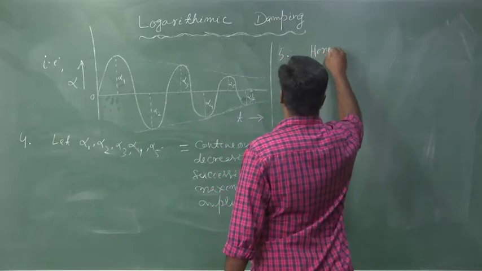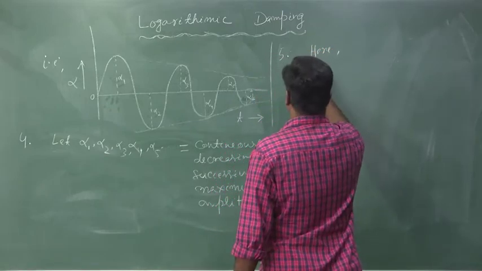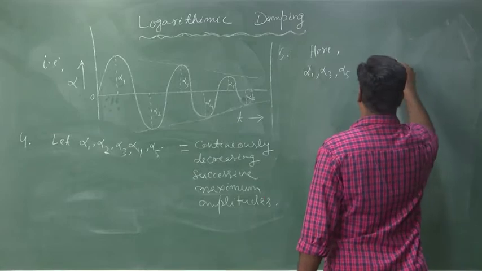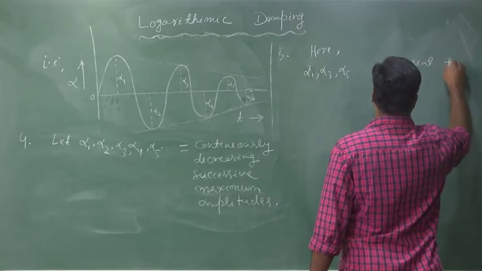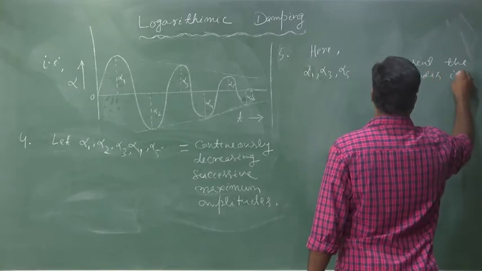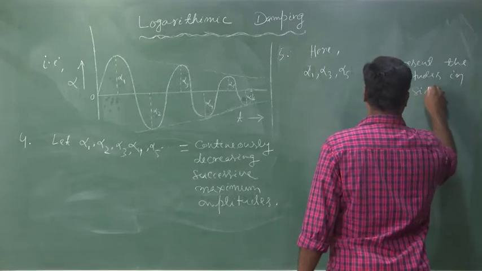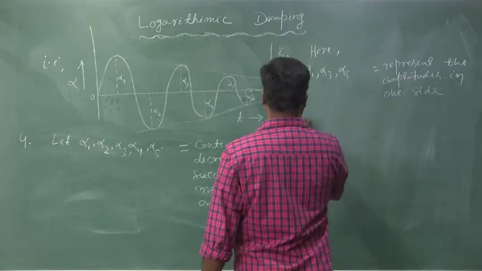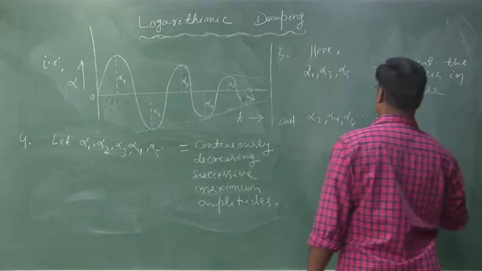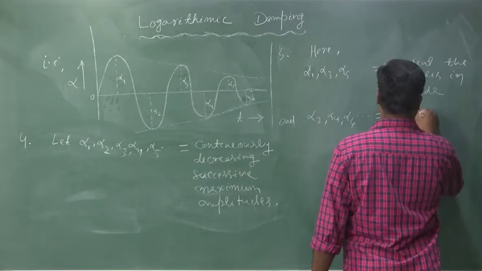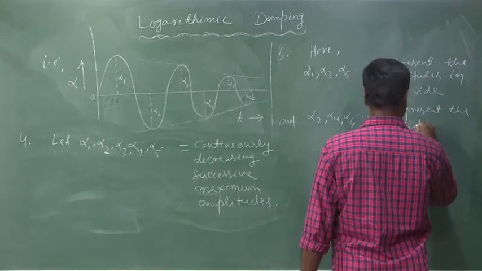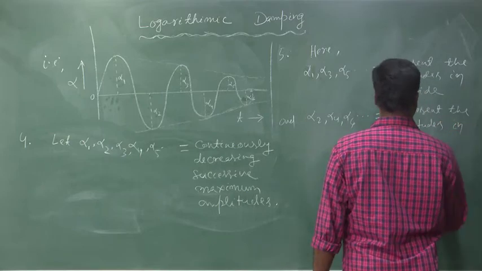Here alpha 1, alpha 3, alpha 5 represent the amplitudes on one side, and alpha 2, alpha 4, alpha 6 etc. represent the amplitudes on the other side.